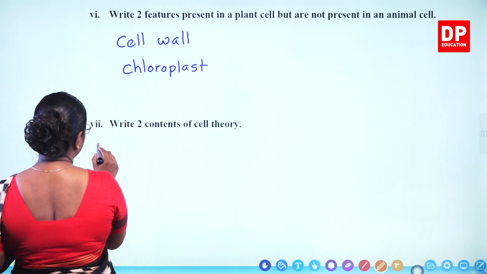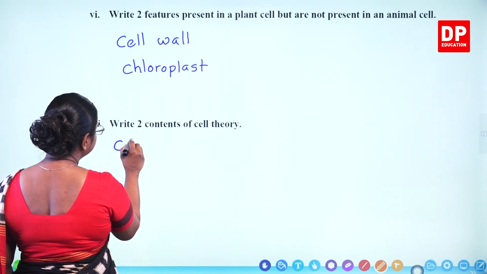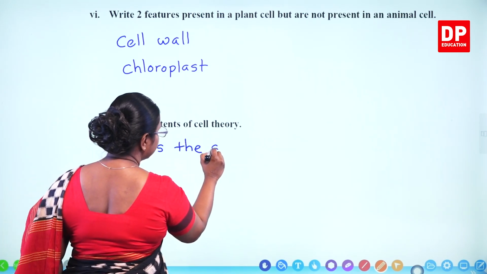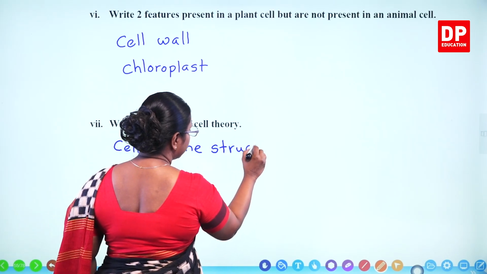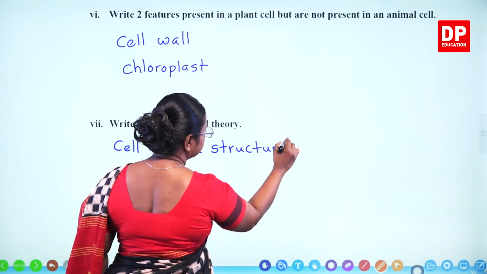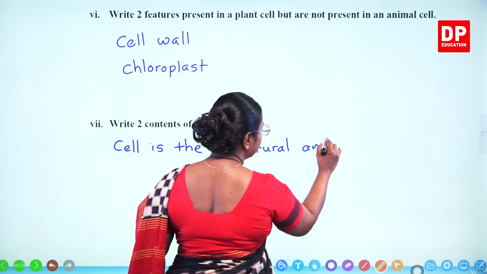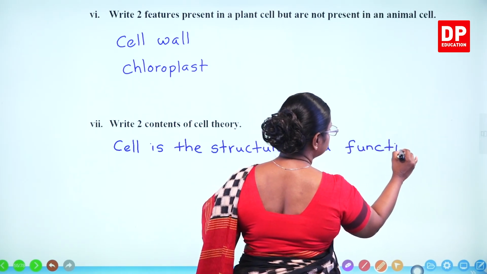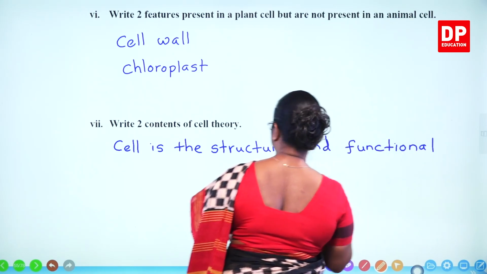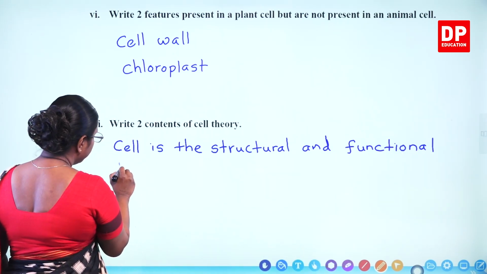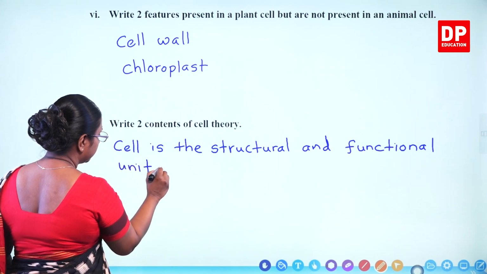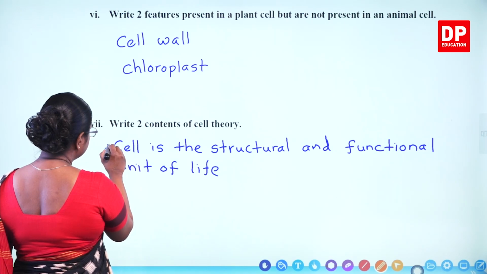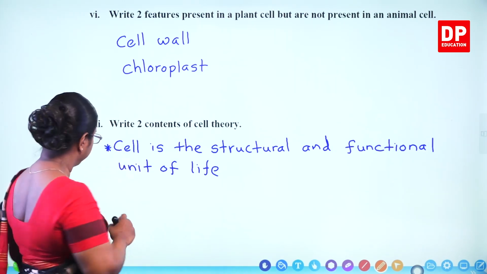So, I will write, cell is the structural and functional unit of life. That is the first content.